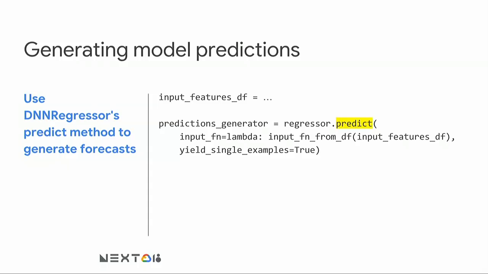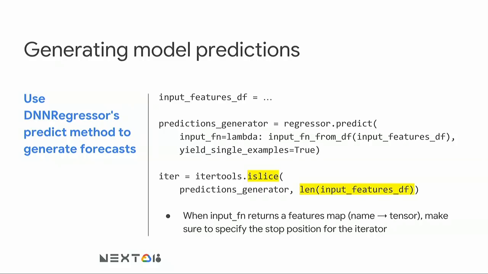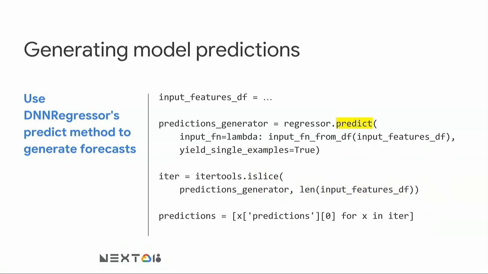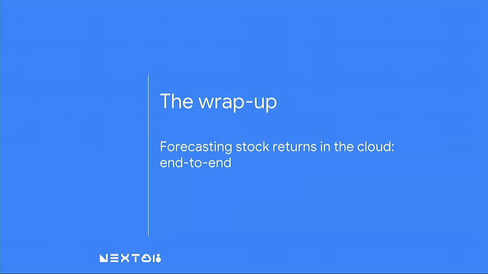Then we use the predict method that returns a predictions generator. We use the islice method to get the iterator, and here it's important to specify the number of steps in the iterator, otherwise it may never stop. Then as we iterate, we get a list of predictions which correspond to rows in the data frame, so the length of this list will be exactly the number of rows in the data frame.